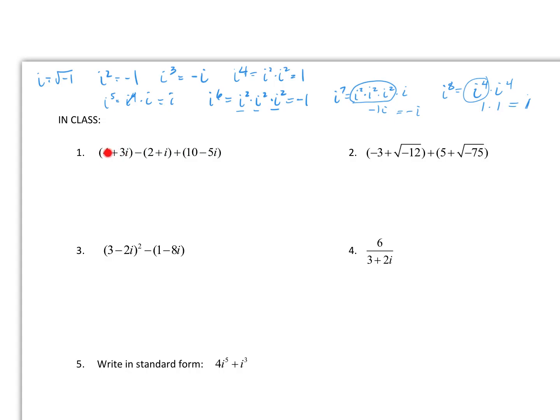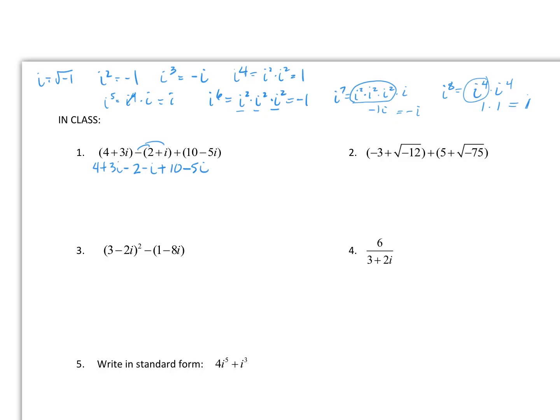We always write it like this with the imaginary stuff in the back. All right? So when you want to algebraically work these or simplify these, you're just going to follow PEMDAS and then combine like terms. So if I follow PEMDAS and deal with my parentheses, that means I have to distribute a negative here. So minus 2 minus i plus 10 minus 5i.